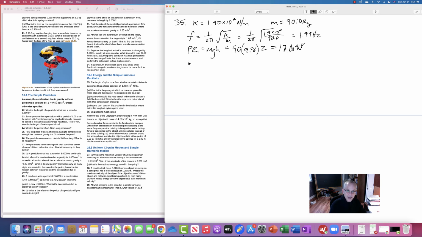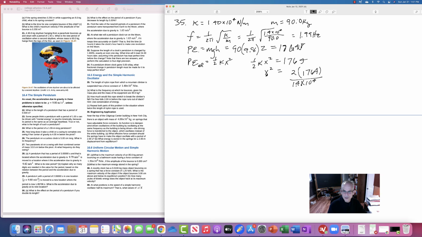But the elastic energy is equal to 1/2 kx squared, where x represents the amount that it would stretch. So 1/2 k x squared is going to equal 1764. So that means that x squared is equal to 2 times 1764, divided by 1.4 times 10 to the 4th.